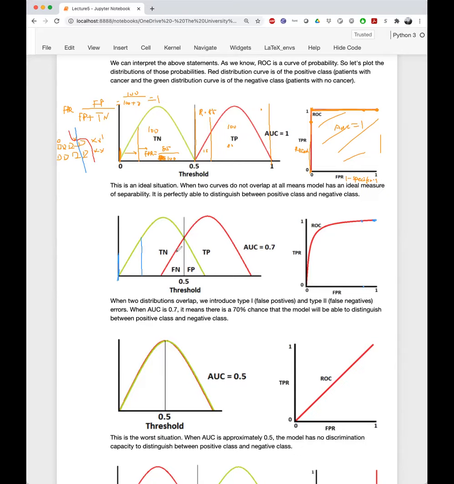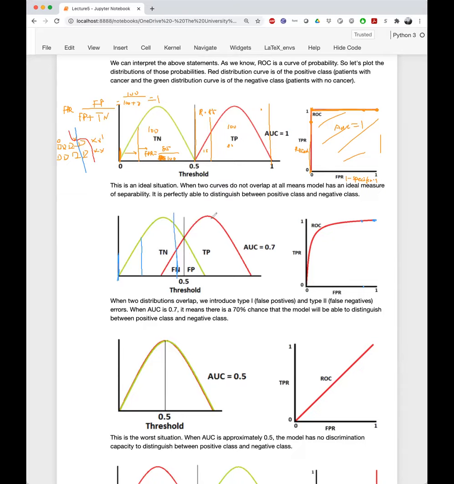Let's move the threshold to here. When we move the threshold to here, the recall is no longer 1. The recall is less than 1. So it's about 90 versus 10 or 95 versus 5. Let's say 95 versus 5. So recall is 95%.